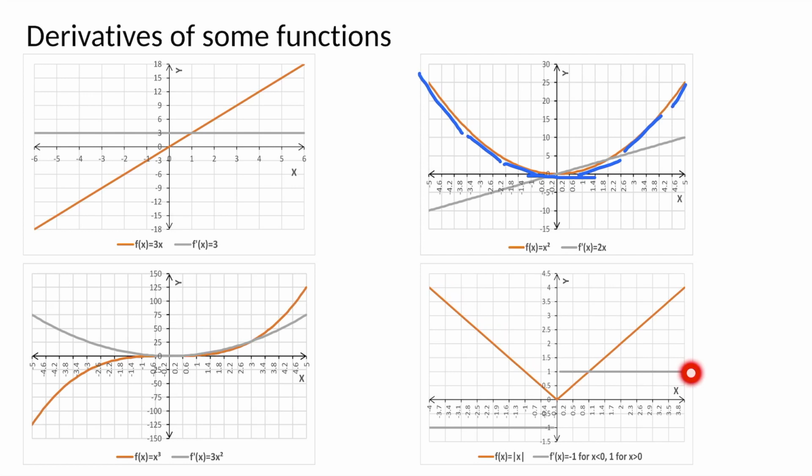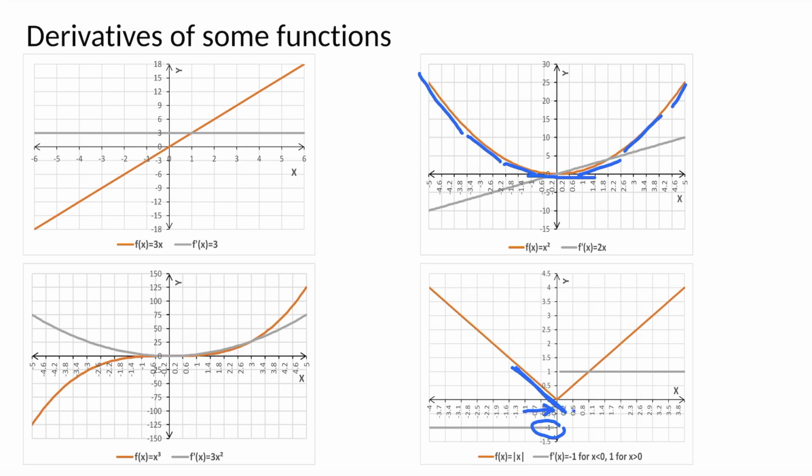At x equal to 0, we see that while the function is defined, as we approach x equal to 0 from the left hand side, we get a value of derivative of the function which is -1, which basically means that the slope of the tangent to the orange curve is -1.